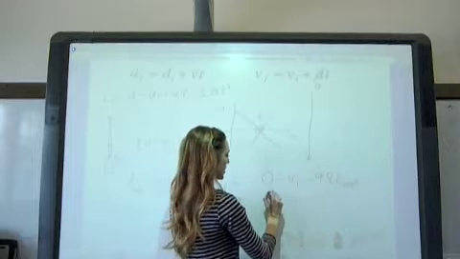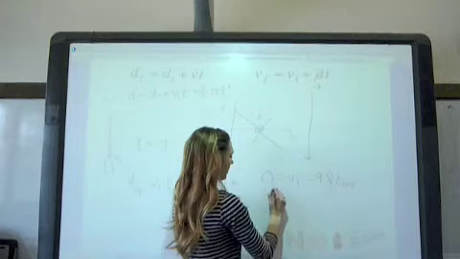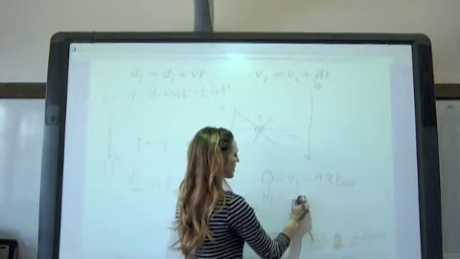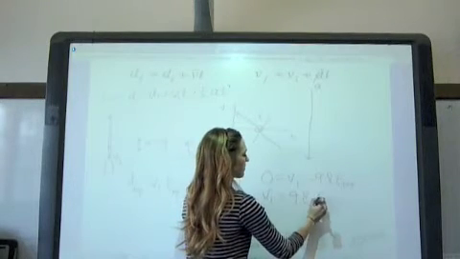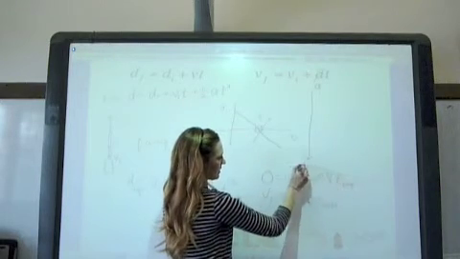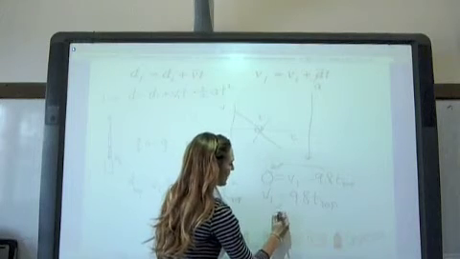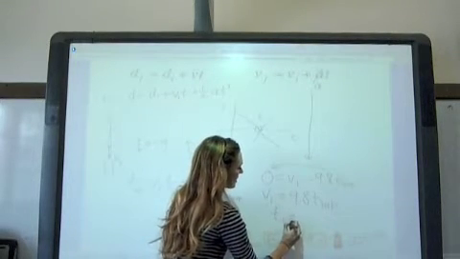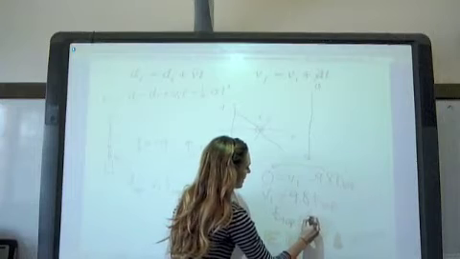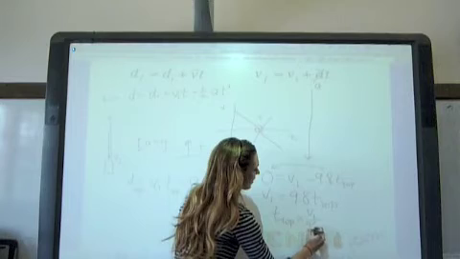So from this equation, we can just see that vi equals 9.8 times t top, by moving this over to the other side. And then we can see that our t top is just going to be equal to vi over 9.8.